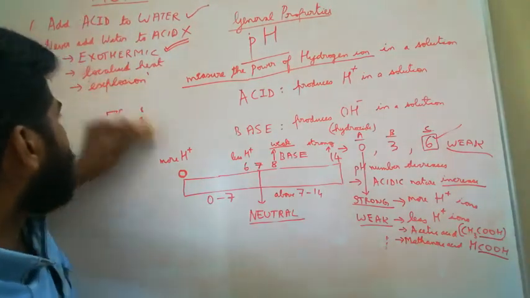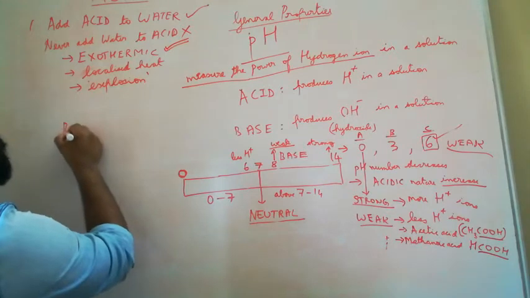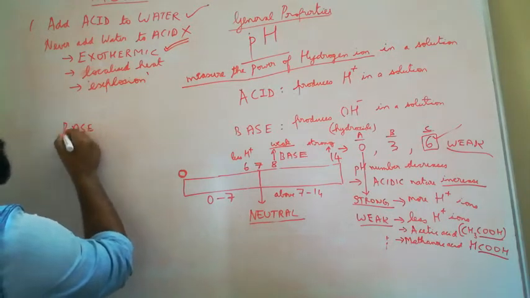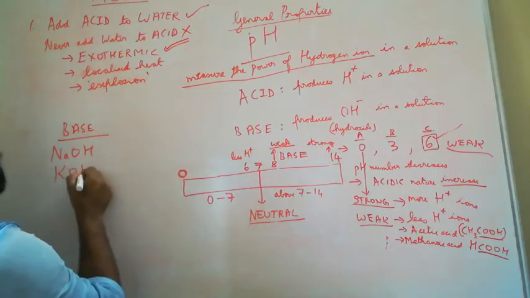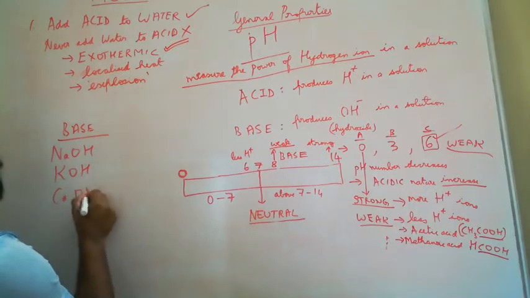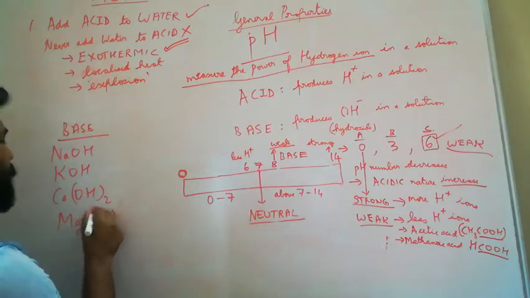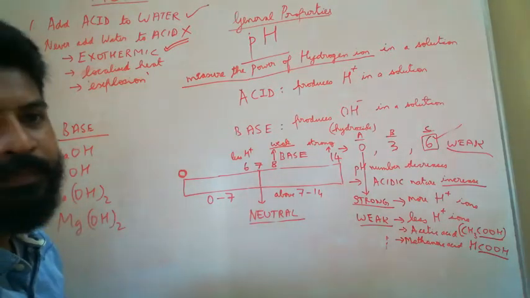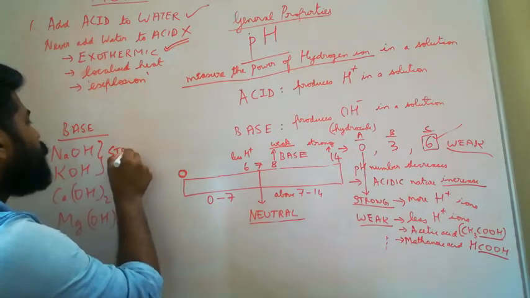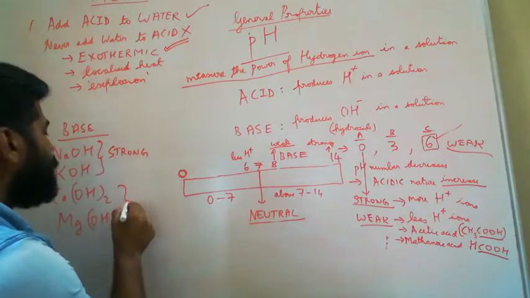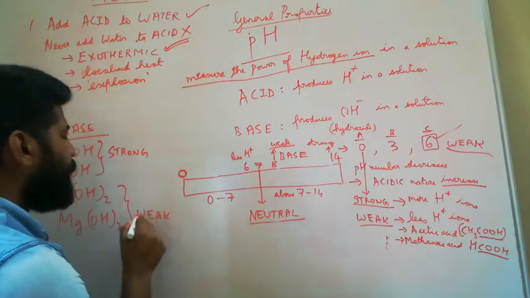Now let us note down the bases. Bases would be sodium hydroxide, let us say potassium hydroxide, calcium hydroxide, magnesium hydroxide. Among these four, these two are strong bases, whereas these two are weak bases.